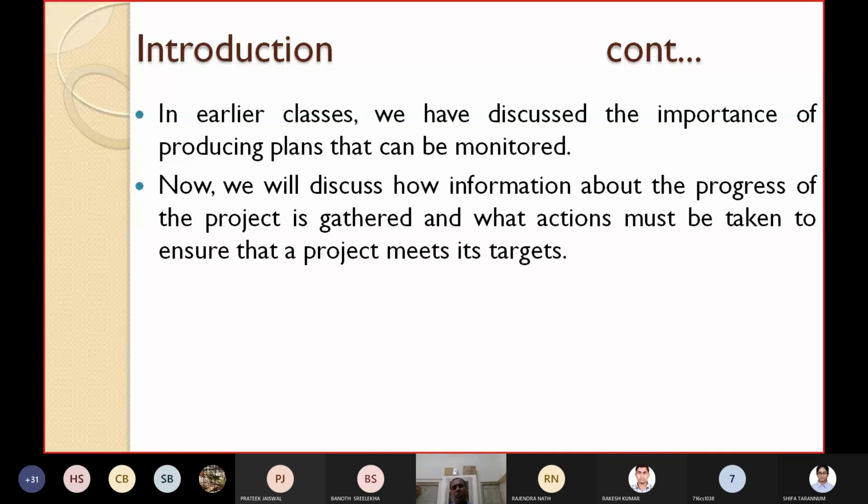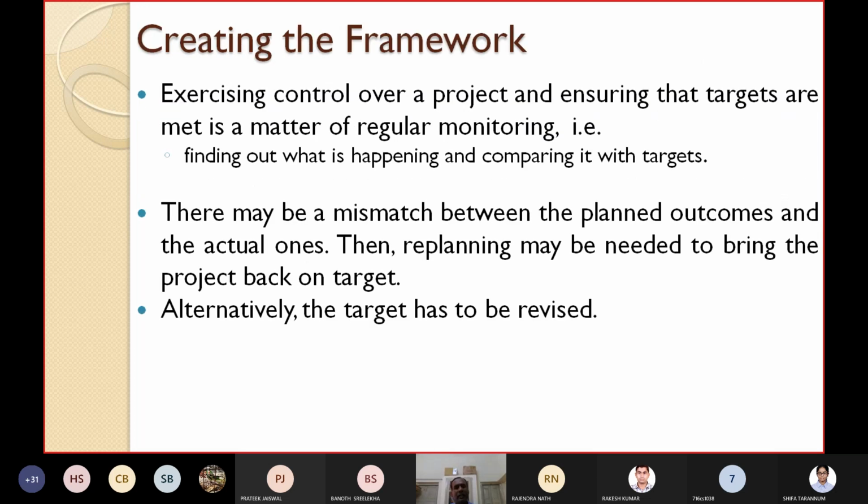So today we will see how information can be collected to know the progress of the project, and what corrective actions you should take so that the project will meet its targets. First, let's see how to create the framework for project monitoring and control.